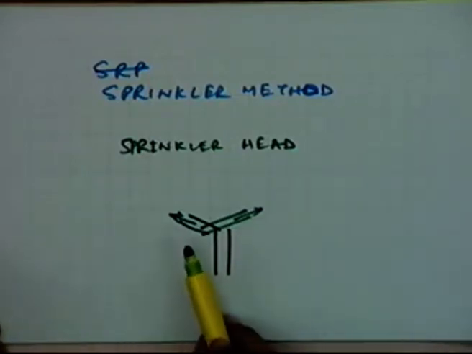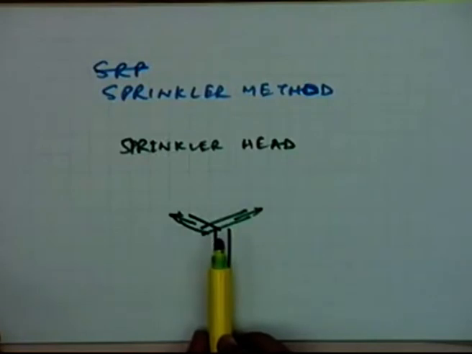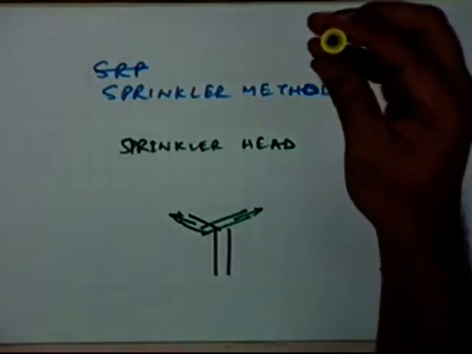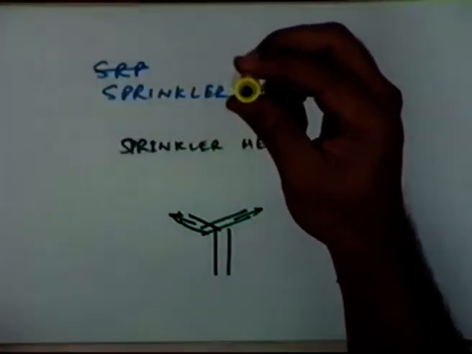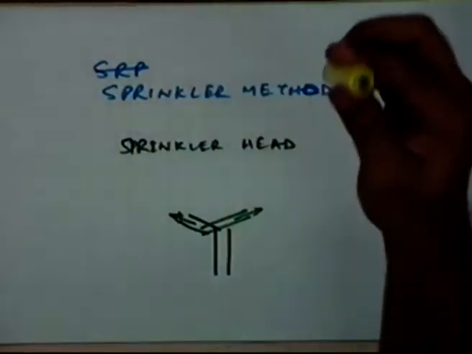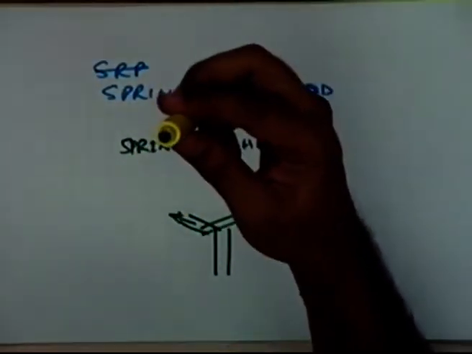This sprinkler head rotates around its axis with a circular motion, and that motion can also be changed, it can be fixed.